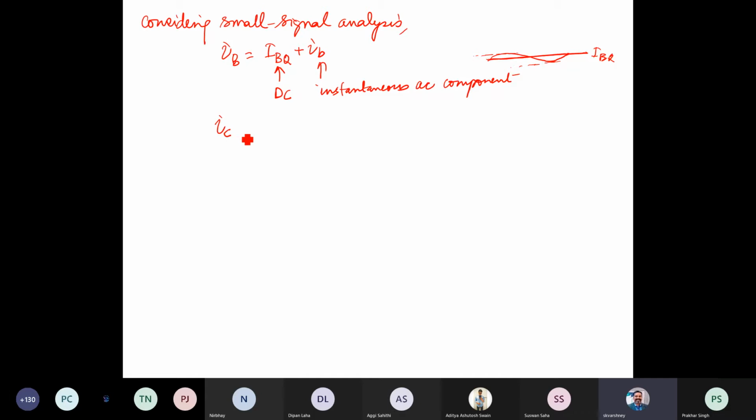So we can write IC capital as ICQ plus small IC, and the output voltage VCE as VCEQ plus small VCE, right? And VBE we have already written as VBQ plus small VB.